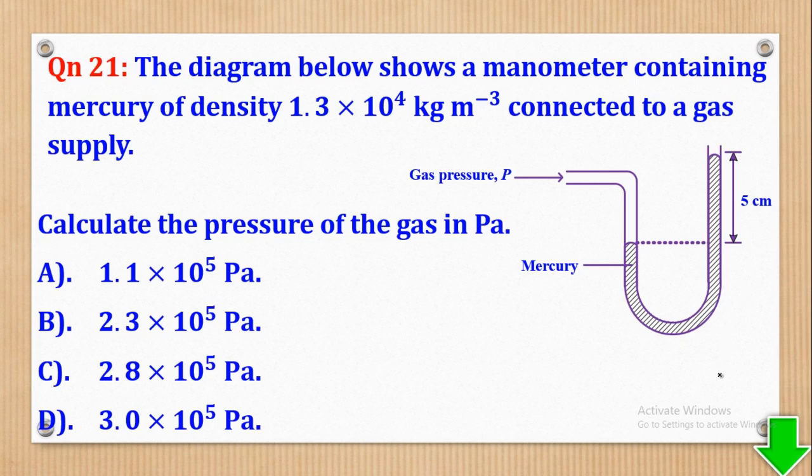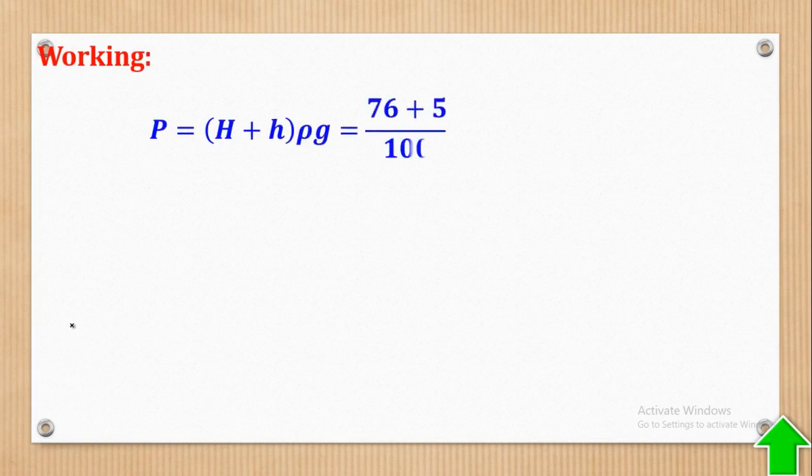We know that atmospheric pressure is 76, we saw it under the table of constants. That's atmospheric pressure of 76 centimeters of mercury, and the pressure difference is 5 centimeters of mercury.